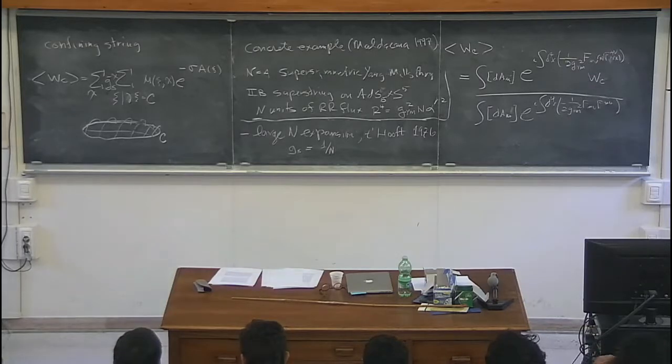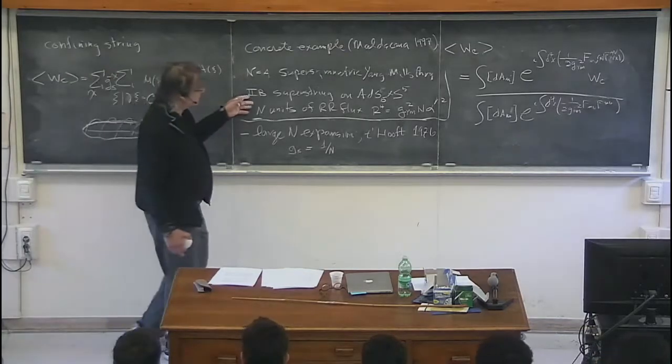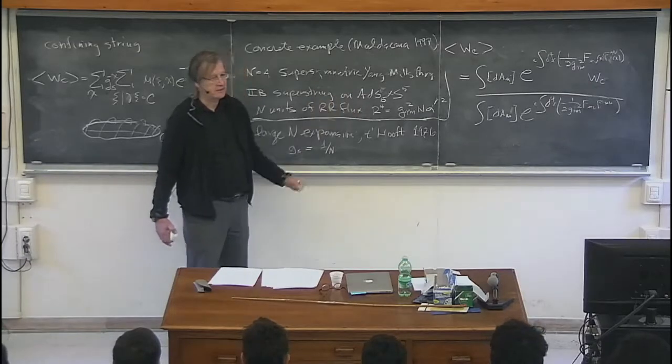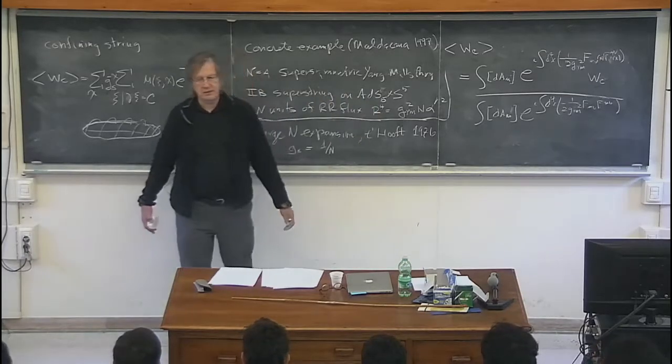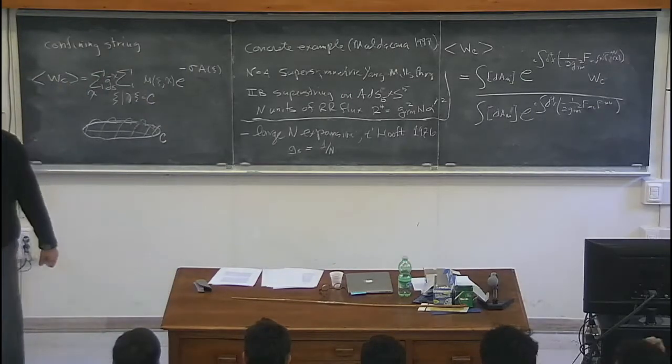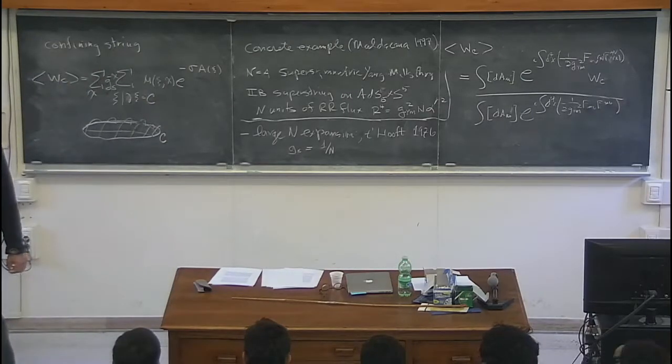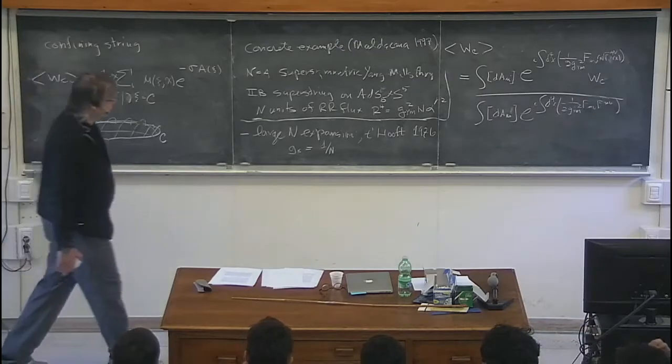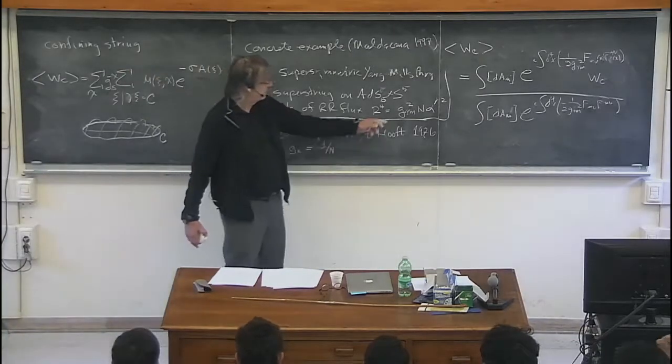And so where this problem is computable is in a semi-classical limit of the string theory, where this background is really classical gravitational fields, in a sense, and where the fluctuations of the string are greatly suppressed. And that limit turns out to be analogous to a strong coupling limit of the gauge theory.